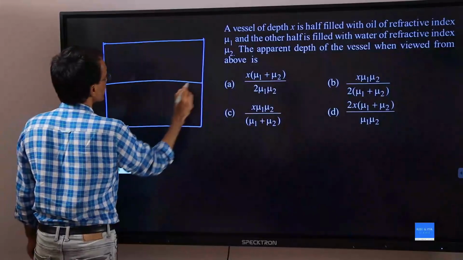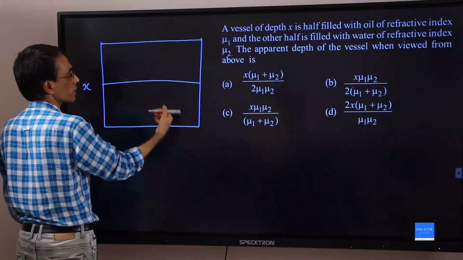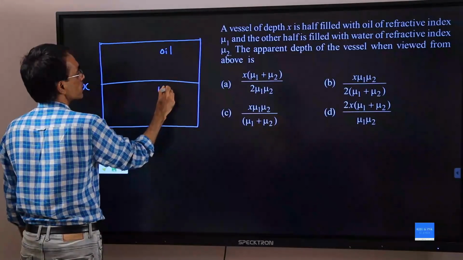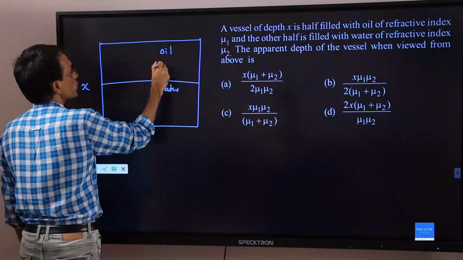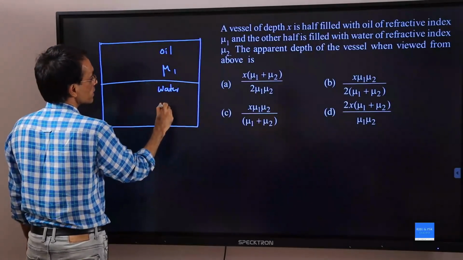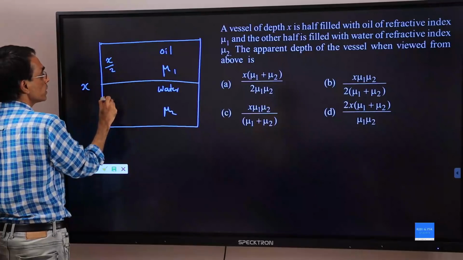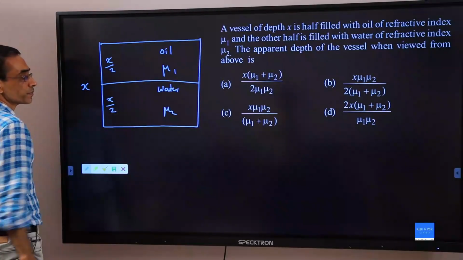It is half filled with water, and water will lie at the bottom, oil will stay at the top. This is oil with refractive index mu1, this is water with refractive index mu2. This is x by 2, this is also x by 2.